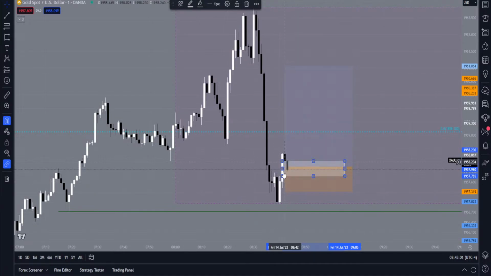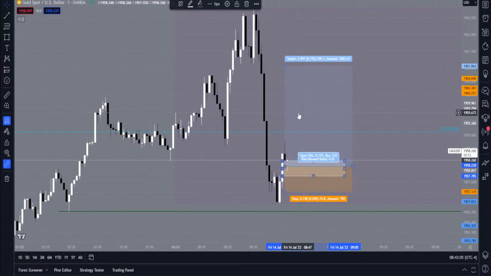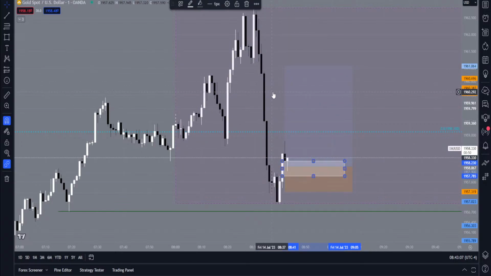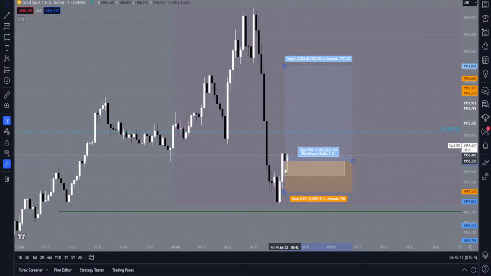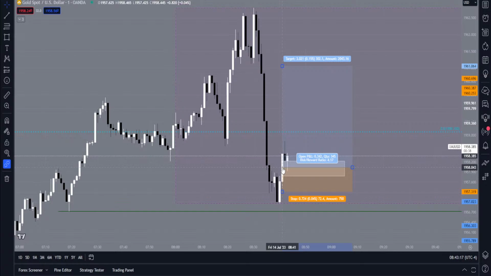So let's say you're triggered in right now. If this is the first loss, then you still take the next gap it gives you, whatever you want to call it, imbalance, fair value gap. So your entry is 50% of the imbalance right here.